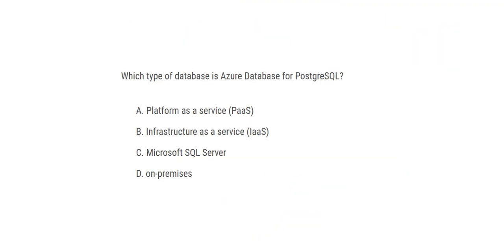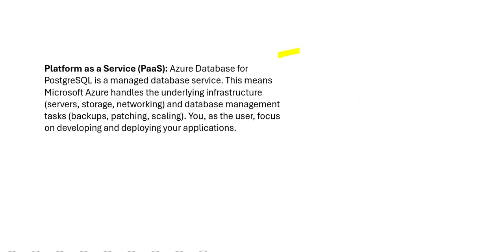Let us jump into the question, which type of database is an Azure database for PostgreSQL? It is a PaaS database. This is the reason: Azure database for Postgres is managed by Azure. That means if you have to scale up, you don't have to do it yourself.